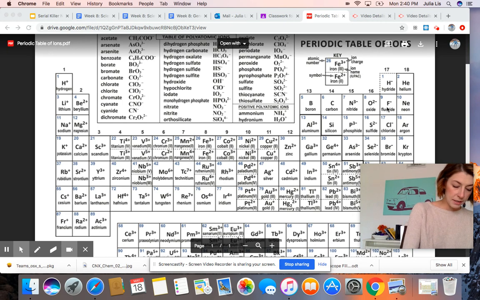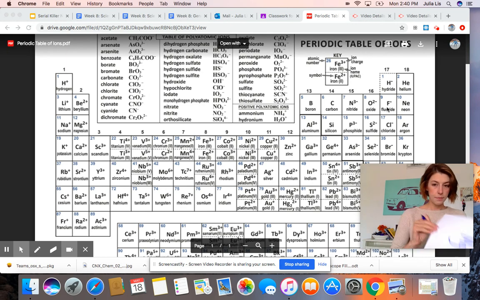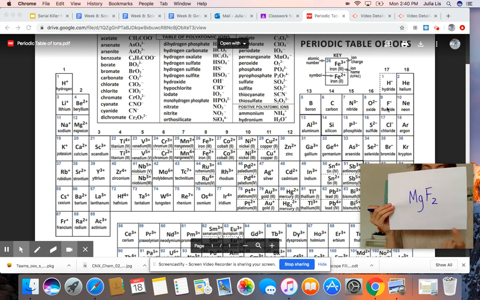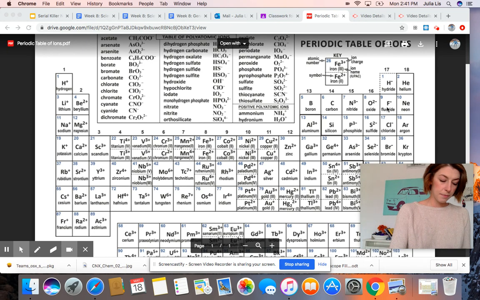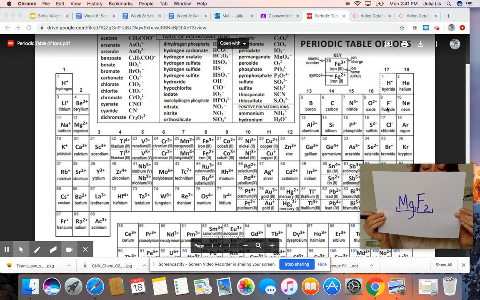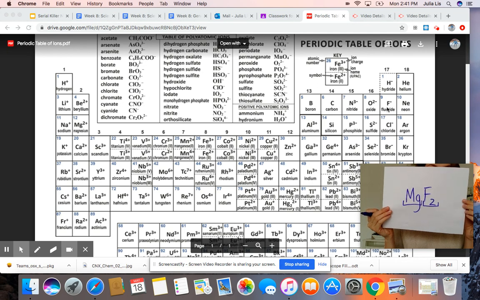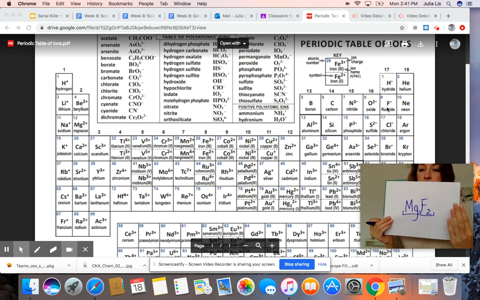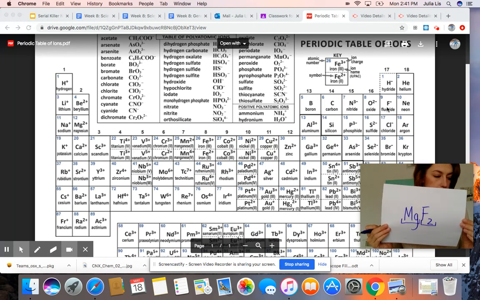So what that means to a chemist is that you have 1 magnesium atom, there's an invisible 1 there, and you have 2 fluorine atoms. Okay? And then they're neutral. There's no charge, they've neutralized each other.